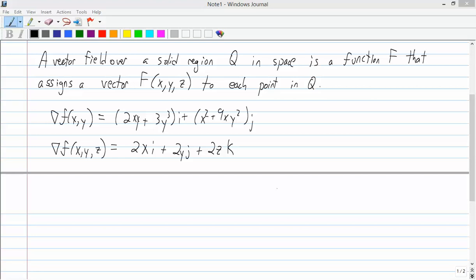In general, this function here, or even in 2 dimensions, that's our capital F. That's how we define that.